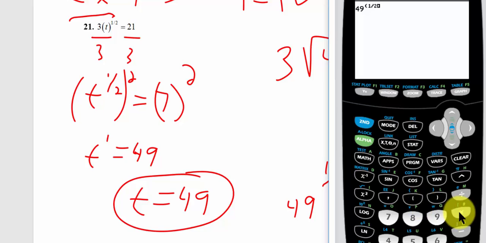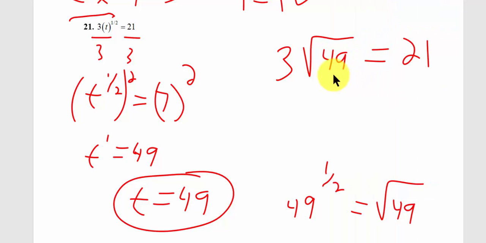I press enter, I get 7. If I were to enter square root of 49 and press enter, you see what I'm saying? So 49 to the 1/2 is the same as the square root of 49. So that's why instead of writing to the 1/2, I wrote the radical sign.